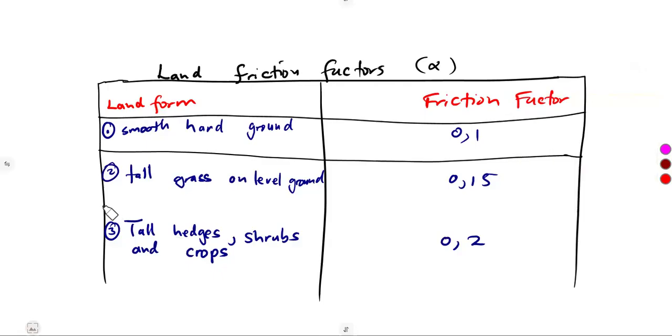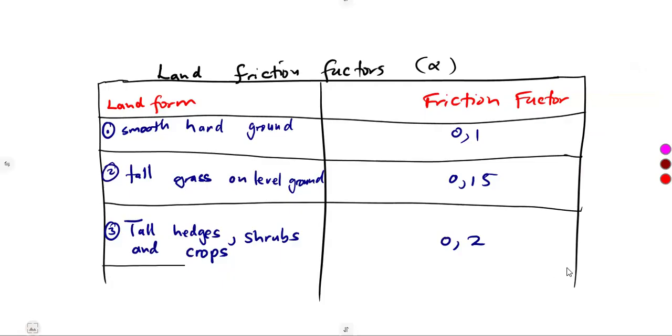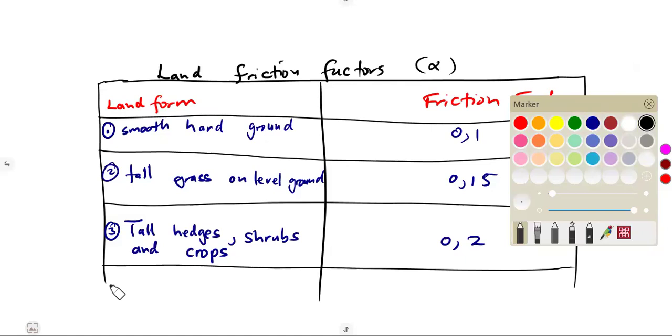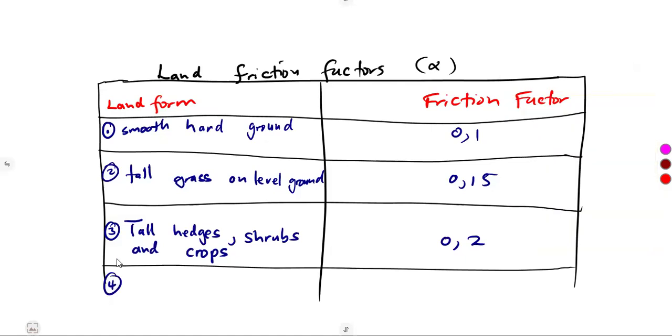So it is affected or influenced by what? The landform. What is it that we are having there? It is going to affect the friction factor. We also have conditions where we are dealing with the forest, 0.25 for that one.